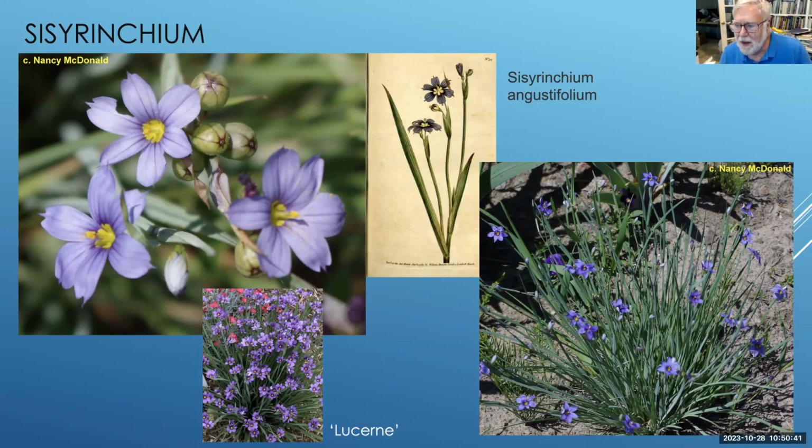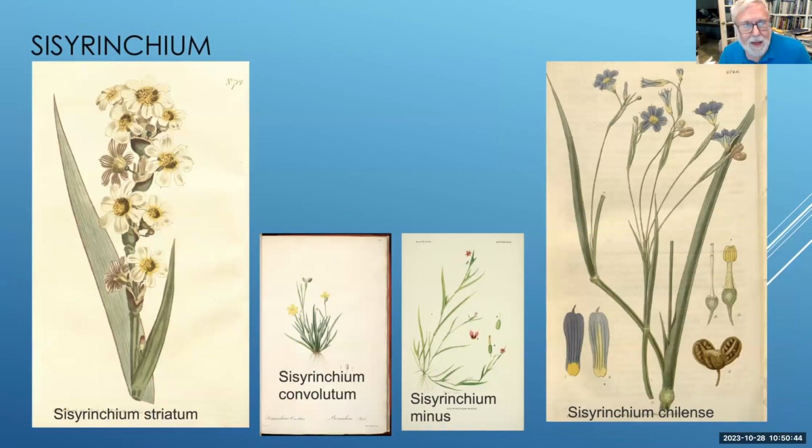Okay, let's go to the next slide. Now, if I haven't lost everybody, Sisyrinchium also has the largest in the group, Sisyrinchium striatum, to the left, and it grows about 2.5 feet tall. It's not really hardy. It grows in Britain in a lot of places.